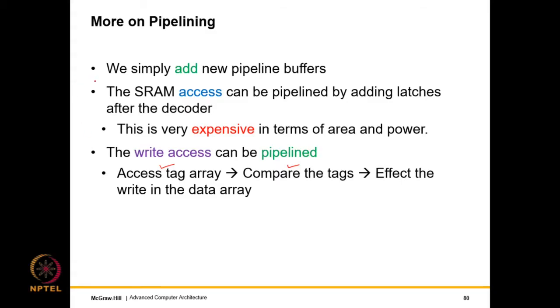We can further add more pipeline stages. One worthy idea in this space is to pipeline the SRAM access. If you would recall, in the SRAM access, we have this huge row decoder.